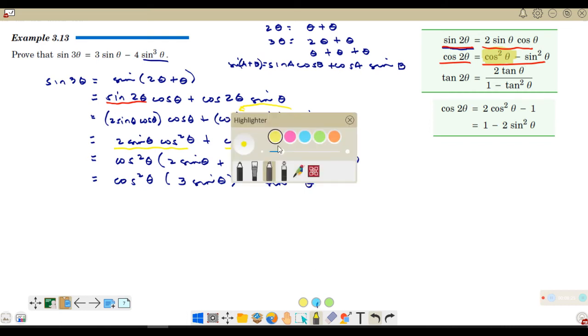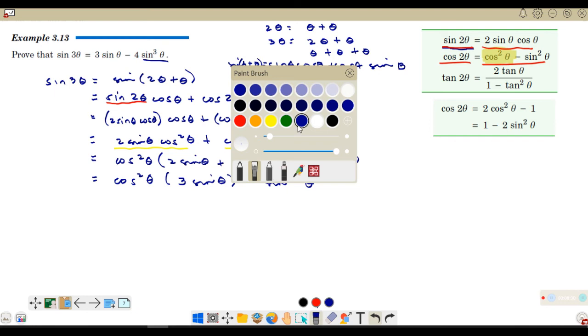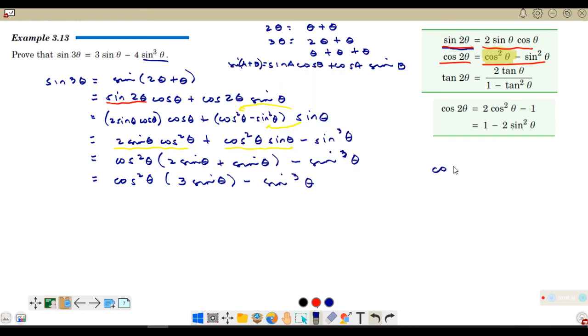So, derive natin siya. Cosine 2 theta, using addition property of equality, lipat natin si sine squared theta sa kabila, magkakaroon na siya ng plus sine squared theta. And finally, on the right-hand side, may iwan na lang si cosine squared theta.